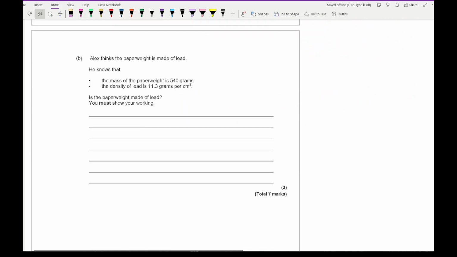So then moving on to our next question. It says that Alex thinks the paperweight is made of lead. He knows that the mass of the paperweight is 540 grams and the density of lead is 11.3 grams per centimeter cubed. Is the paperweight made of lead? So let's have a look at what we've got here. So here what we've got is that density equals mass over volume.